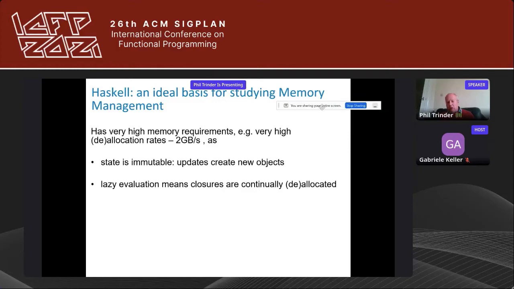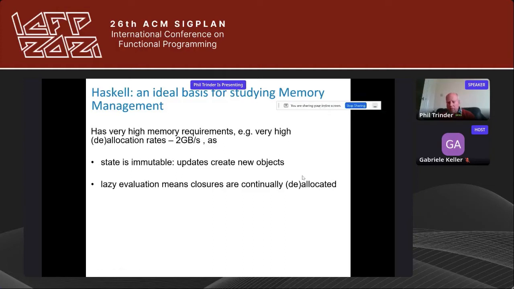So you're forever creating new objects. Likewise, lazy evaluation means that closures are being continually constructed and destructed as the evaluation proceeds. And this drives this massive allocation and deallocation rate. So in some sense, understanding how Haskell works on NUMA is understanding an edge case, the limit case for language implementations.